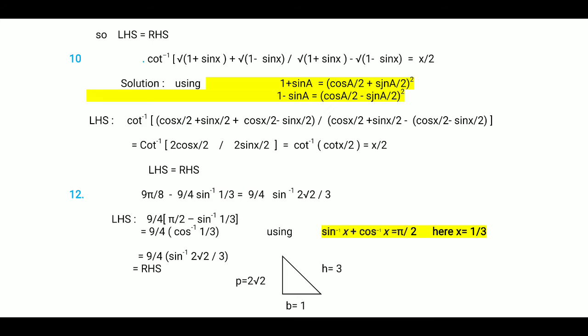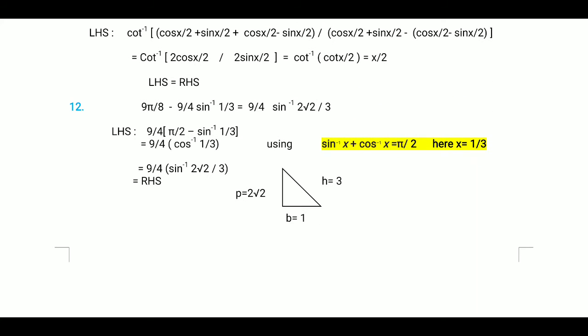Now cos inverse is base upon hypotenuse. Draw a triangle whose base is 1 and hypotenuse 3. We can find the perpendicular: under root 3 square minus 1 square, that gives under root 9 minus 1, that is under root 8, that is 2 root 2.